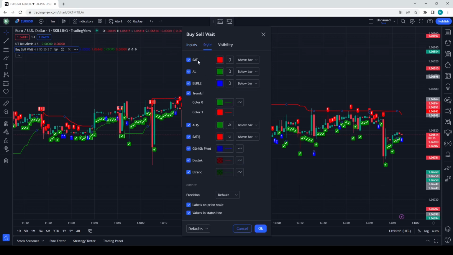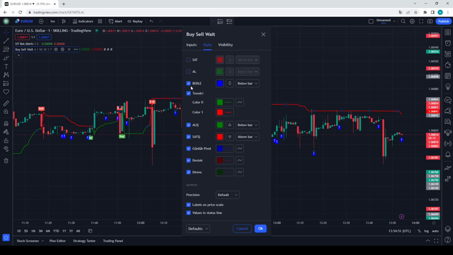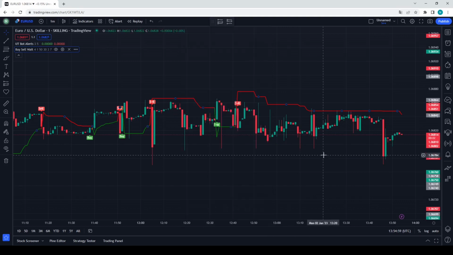In the style, the only box we will need to check is the Trend CI, and all other boxes we will uncheck. Just like this. And now we only get the buy and the sell and this line.